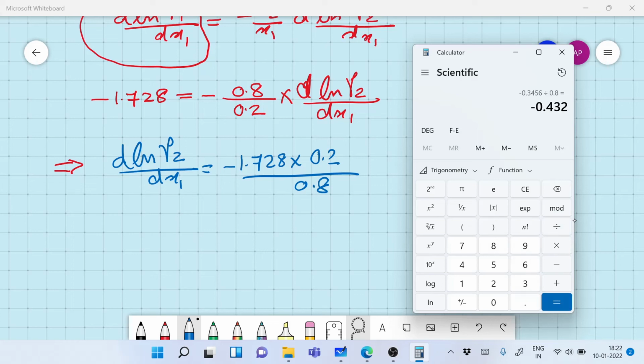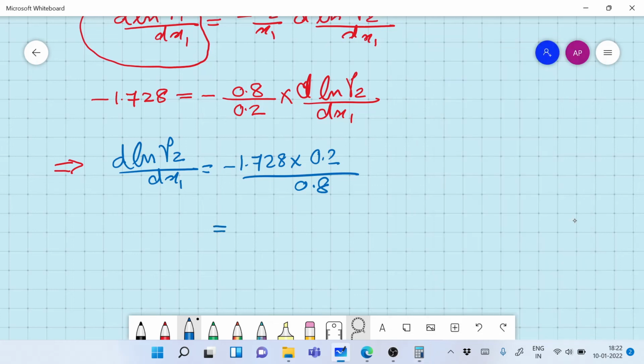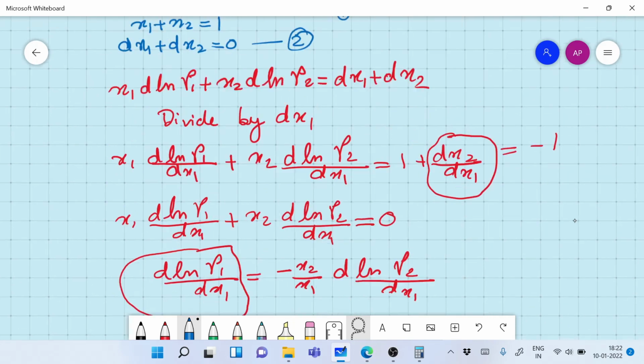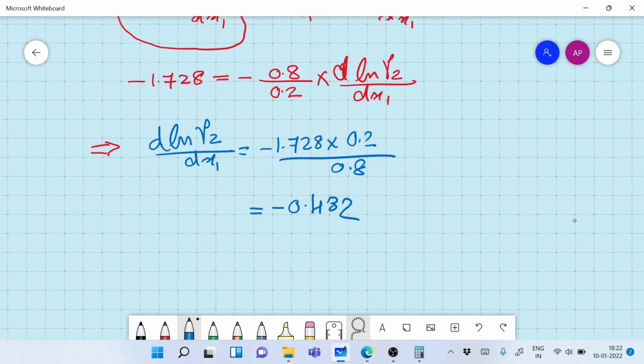And this is what we get. The answer is equal to minus 0.432. Now the answer was asked for an accuracy of 3 decimal places, and there we have the answer with accuracy of 3 decimal places.